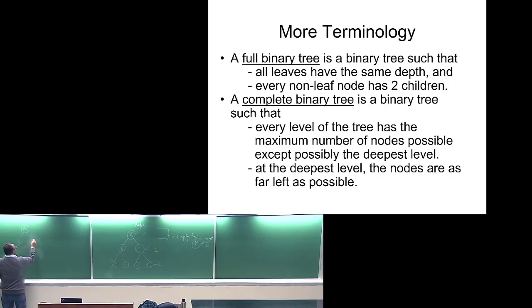How about this? Yeah, this is complete, right? So, I should say that full is a more strict condition compared to complete, right? So, in other words, any tree which is full is also complete, but a tree which is complete may not be full. All right, so this is full as well as complete. You can add one more node.